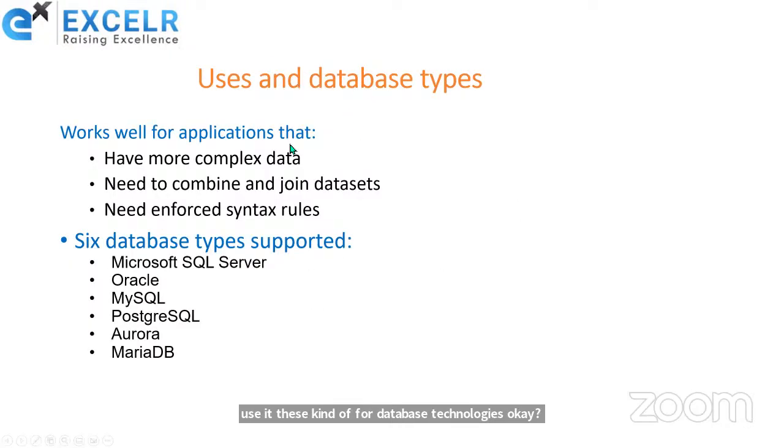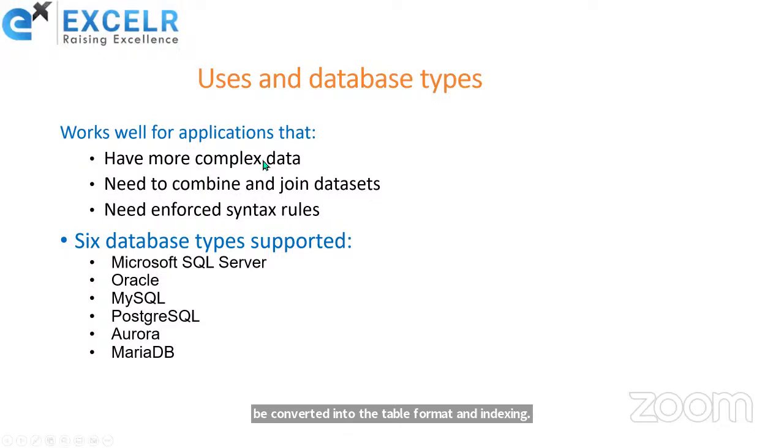Uses: database types that work well for applications that have more complex data. When the data is very complex to understand, in a raw, unstructured format, RDS is very useful because it converts that data into table format with indexing, and we can fetch and input from SQL tools.